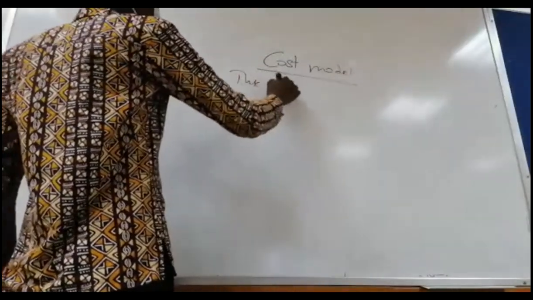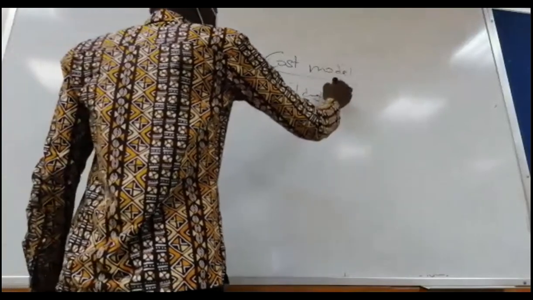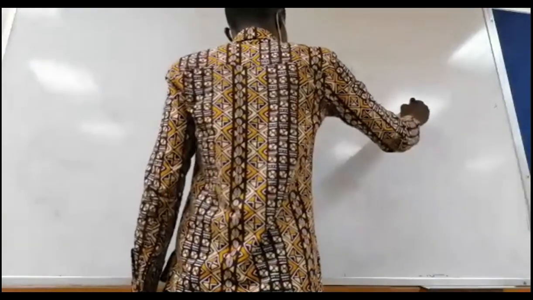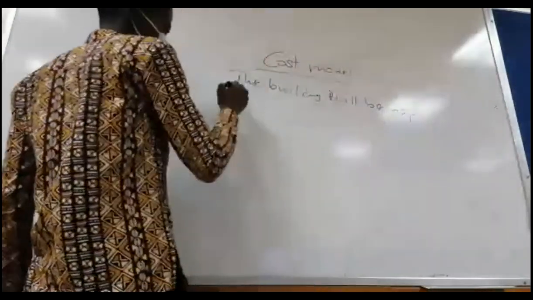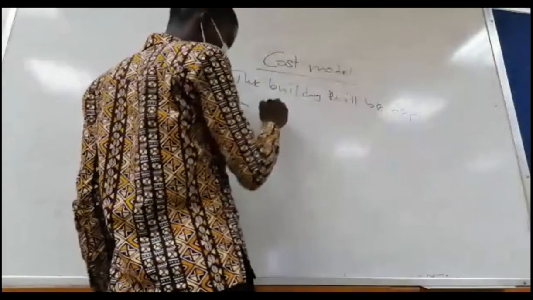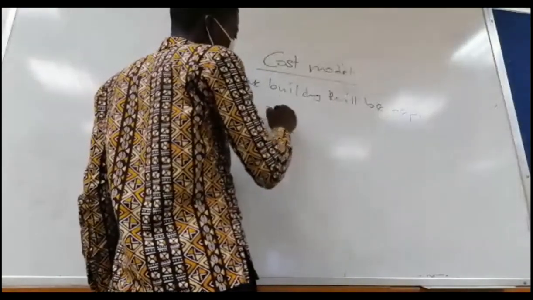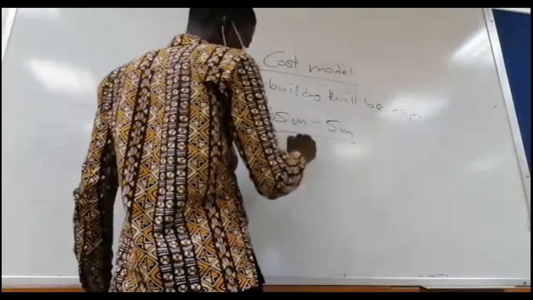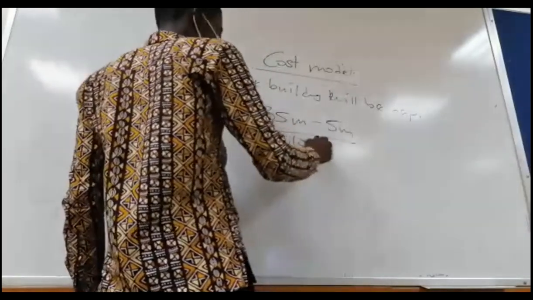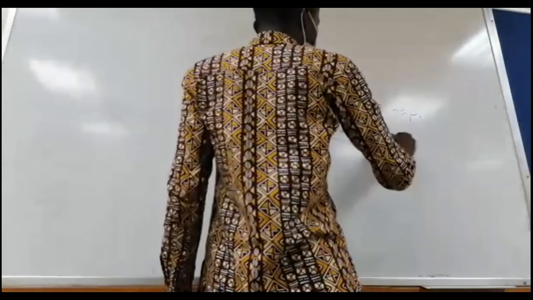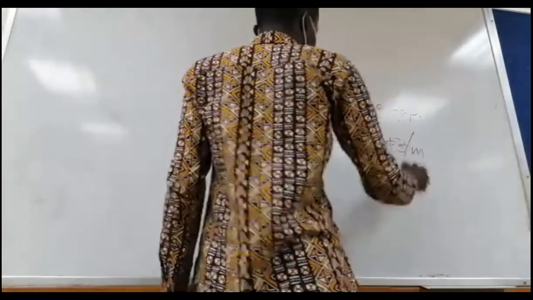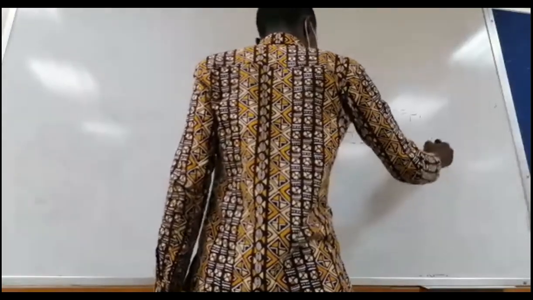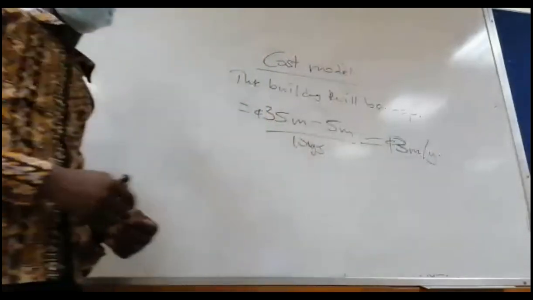So the building will be depreciated given by cost of what? So 35 million less 5 million over 10 years. So that will give us 3 million per year. So that's the depreciation per year, 3 million.